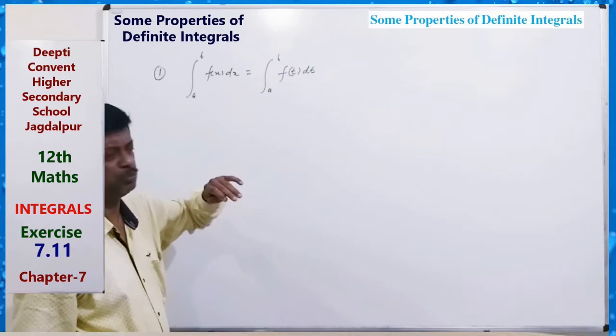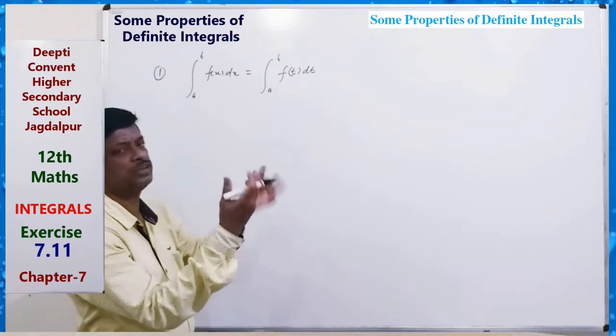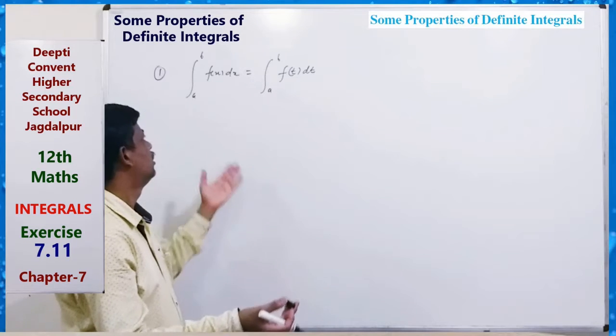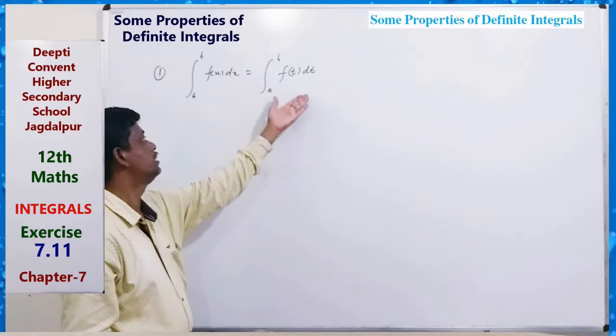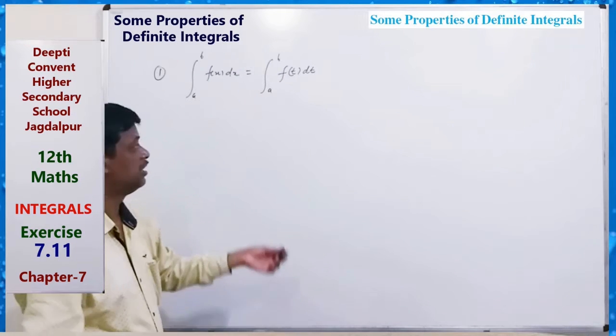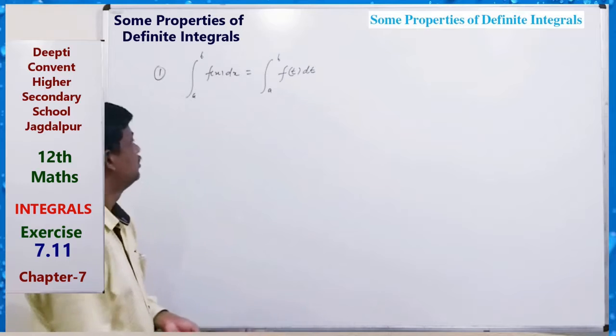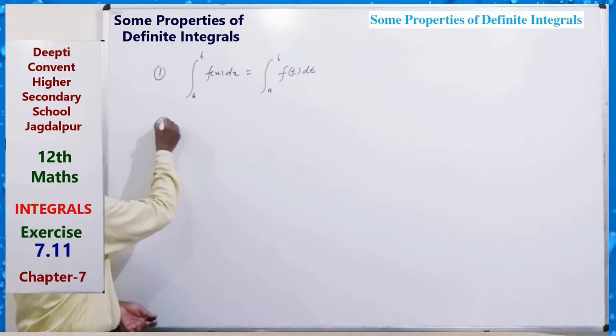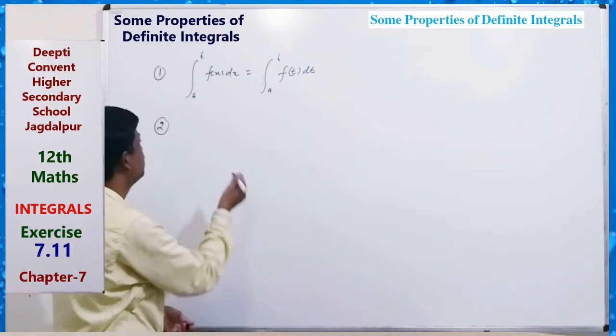Proof is very simple. Let x equal to t, then f(x) equals f(t), dx equals dt. Since x equals t, the limits are also a to b.